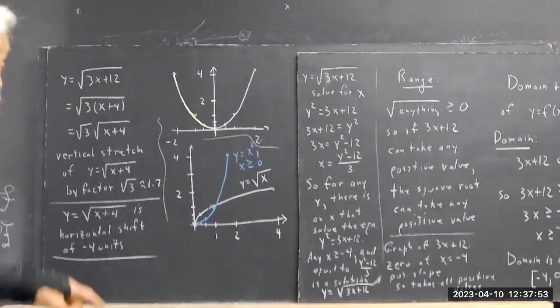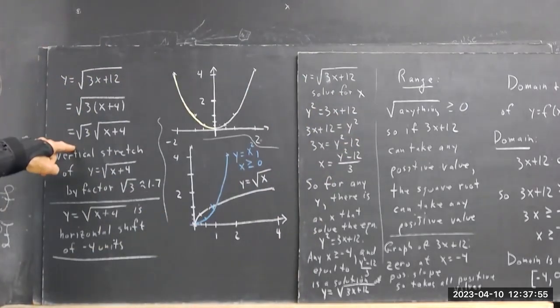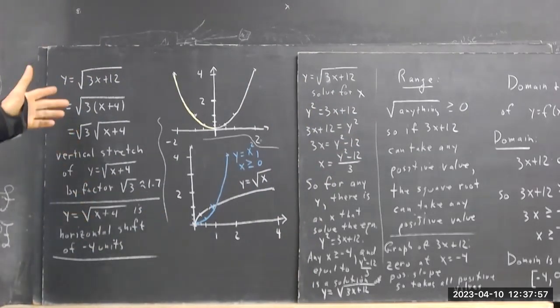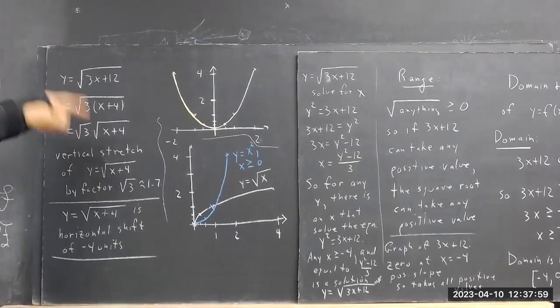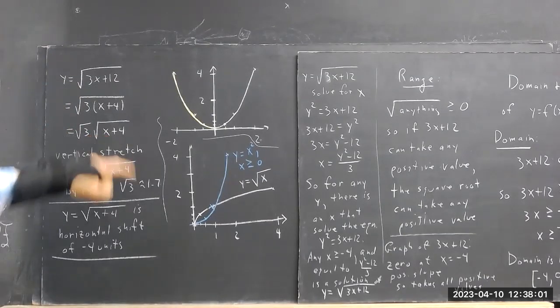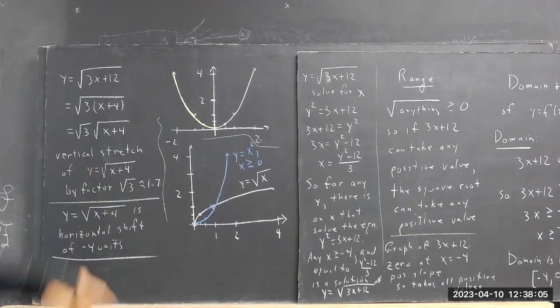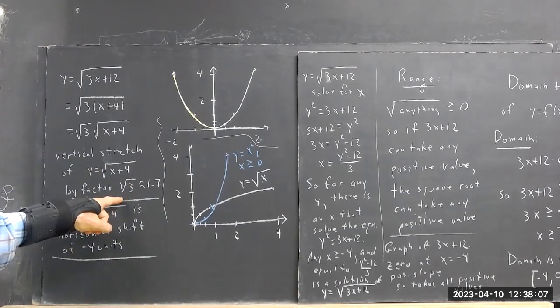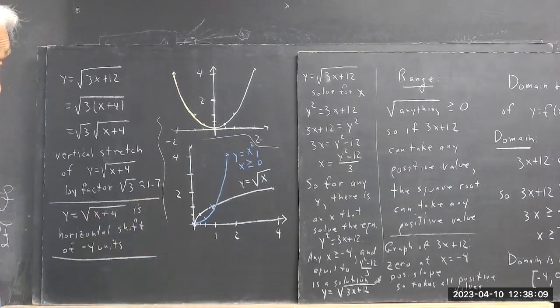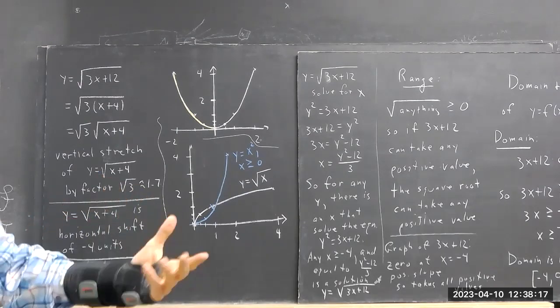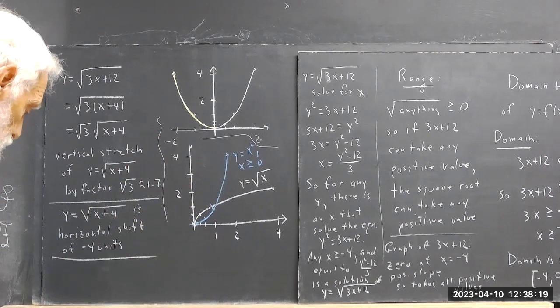Take that inverse function, do a little arithmetic, and factor out to get the square root of 3 times the square root of x plus 4. Now we know we have a vertical stretch of the square root of x plus 4 by the factor square root of 3, which is about 1.7, and then a horizontal shift of 4 units of the square root of x function.